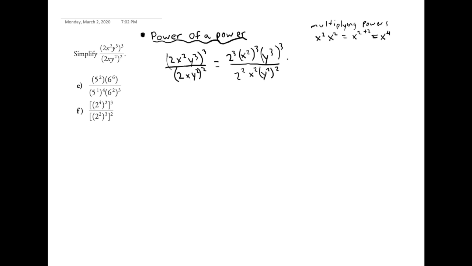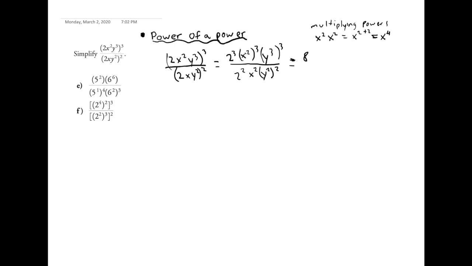The next step is to apply the principle of power of a power. 2 cubed is just 8, 2 times 2 times 2. That's not applying the rule. In this case, you'd be applying the rule for this x squared, this y cubed, and this y squared.